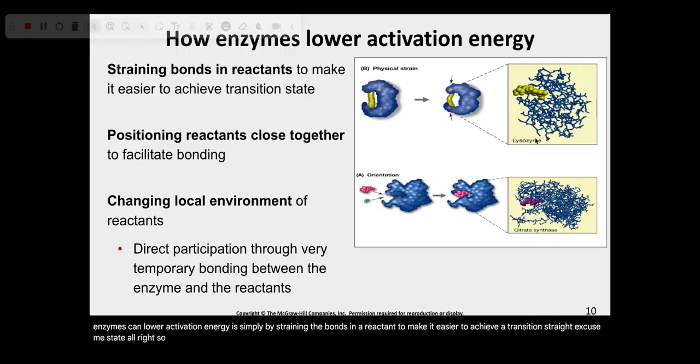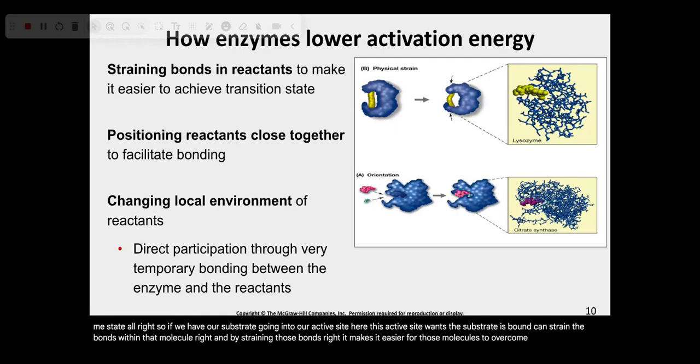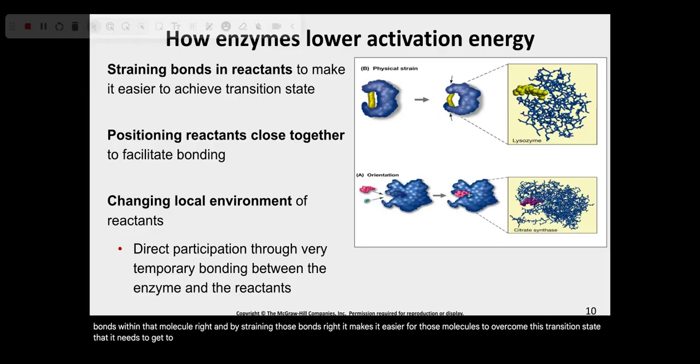So if we have our substrate going into our active site here, this active site, once the substrate is bound, can strain the bonds within that molecule, right? And by straining those bonds, it makes it easier for those molecules to overcome this transition state that it needs to get to, right?